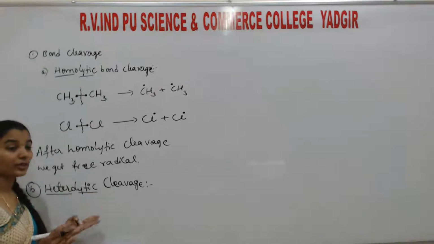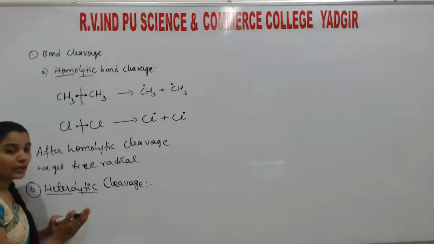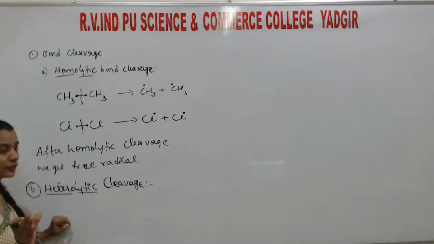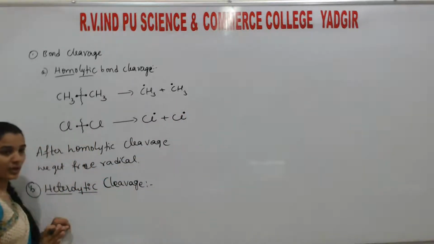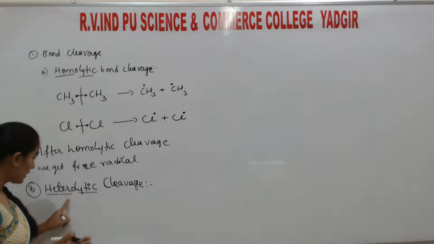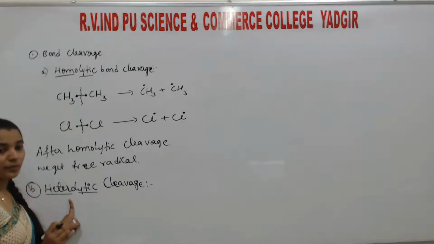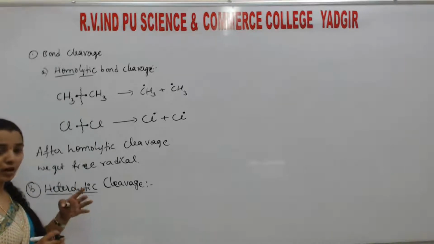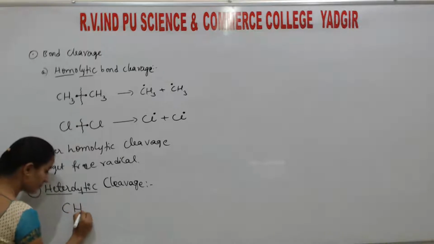Heterolytic means different atoms, so after the breaking of the bond, we will get different atoms. Here both the atoms are free radicals, they are the same, that's why it is homolytic. But here it is heterolytic. Hetero means different. After the cleavage of the bond, they form different atoms. I'll take the example of CH3Cl.